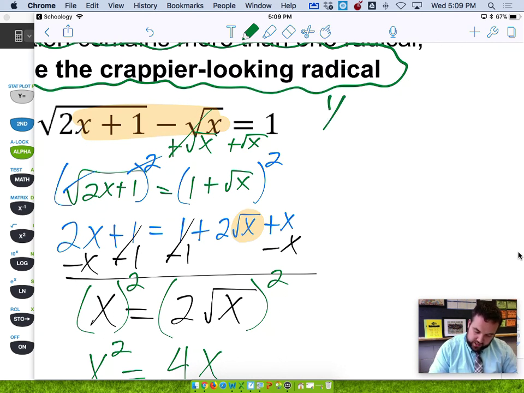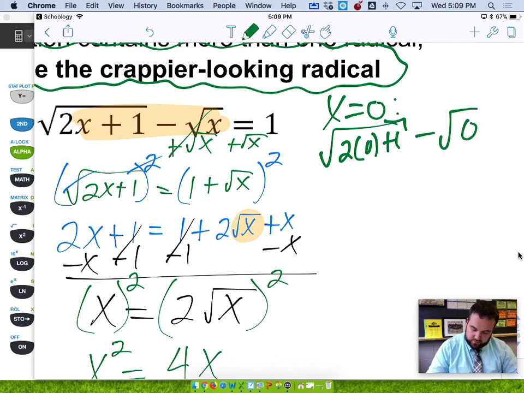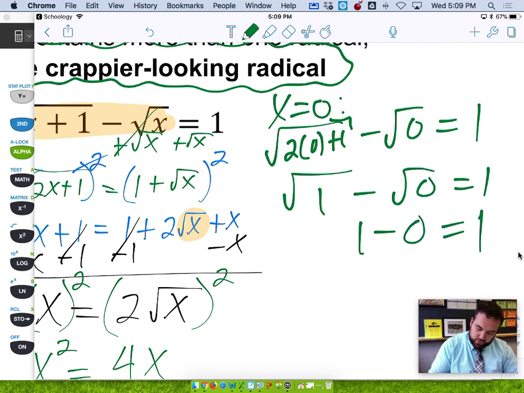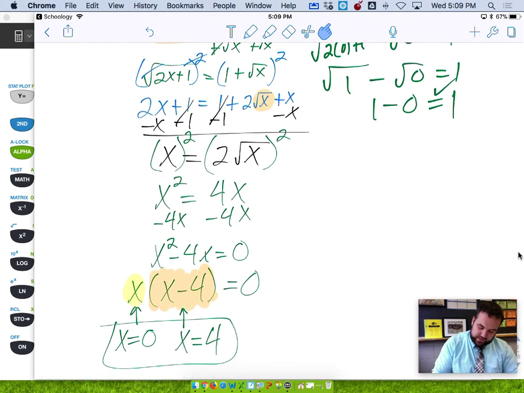So if I check x is equal to 0, that would be the square root of 2 times 0 plus 1 minus the square root of 0. And does that give me 1? Well, this is the square root of 1 minus the square root of 0, which sure enough is equal to 1. So that means that x equals 0 is a good solution.